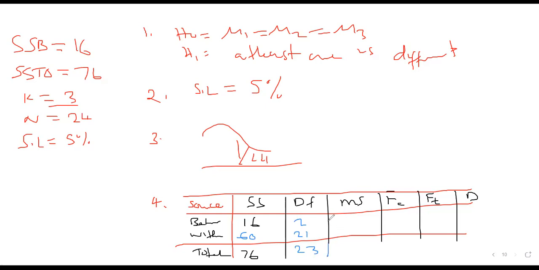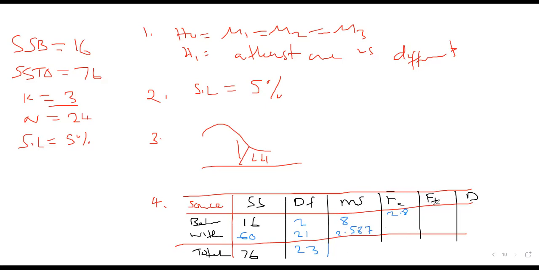We divide this in there, 8, and here 60 divided by 21. What do we get? 2.857. Then finally, this in there, 8 divided by the answer. What do we get? 2.8, that's 2.857, because I didn't round off.